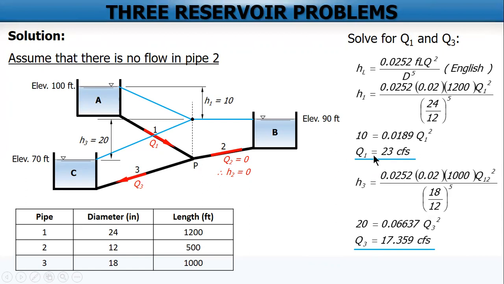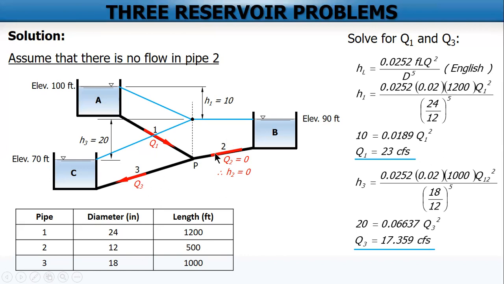It turned out that Q1 is bigger than Q3.